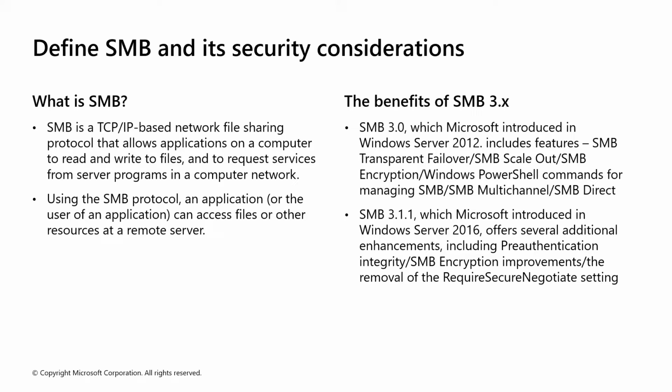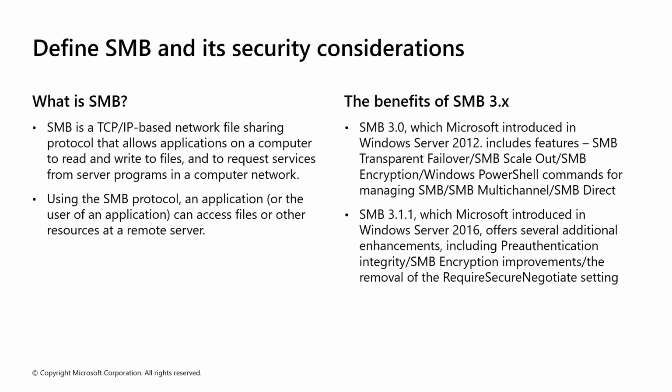The Server Message Block (SMB) protocol is used for network file sharing in Windows environments. SMB 3.x, introduced in Windows Server 2012, brought features like transparent failover, scale-out file servers, encryption, multichannel support, and direct data transfers.